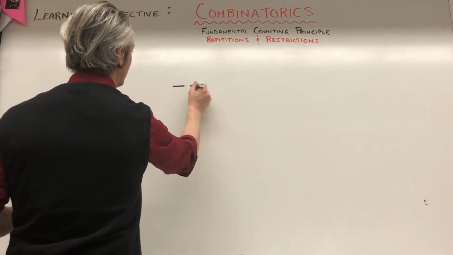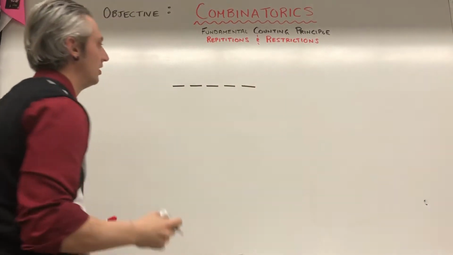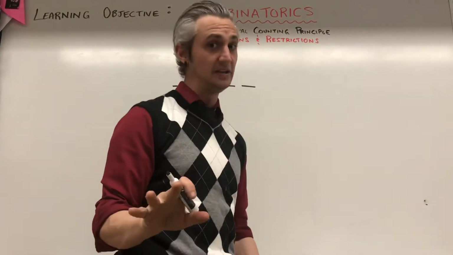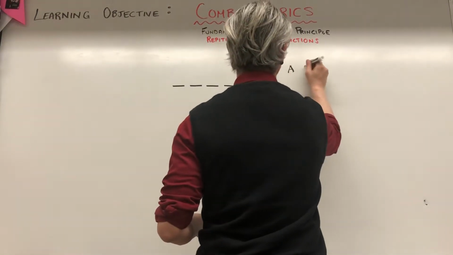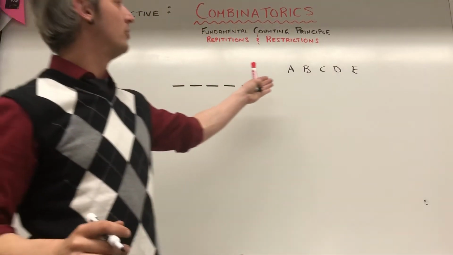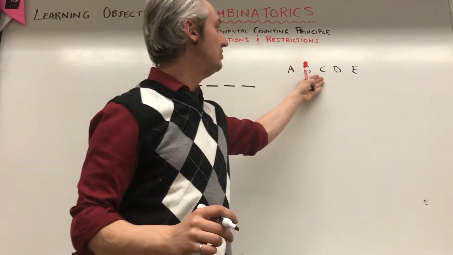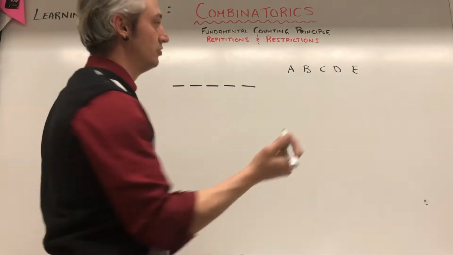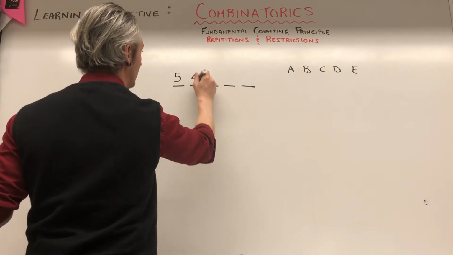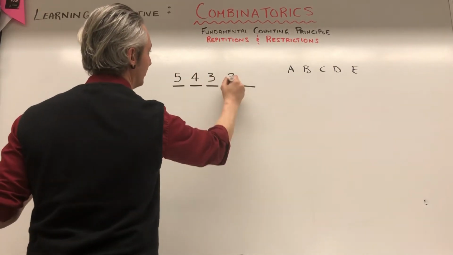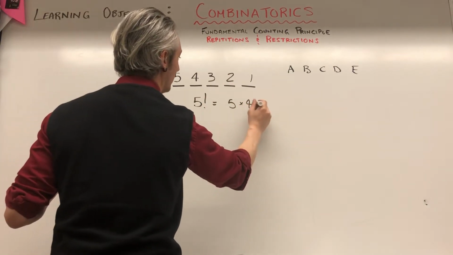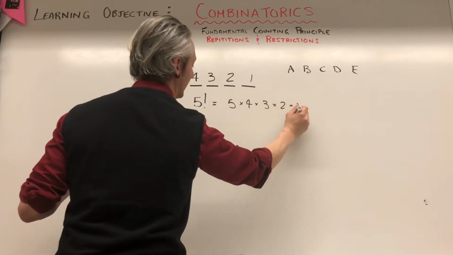When I'm trying to arrange 5 different objects, with no repeats, like A, B, C, D, E, figuring out all the ways I can arrange these is basically just taking the amount of unique objects and doing factorial. I have 5 to choose from, then 4, then 3 left, 2 left, 1. 5 factorial equals 5 times 4 times 3 times 2 times 1.